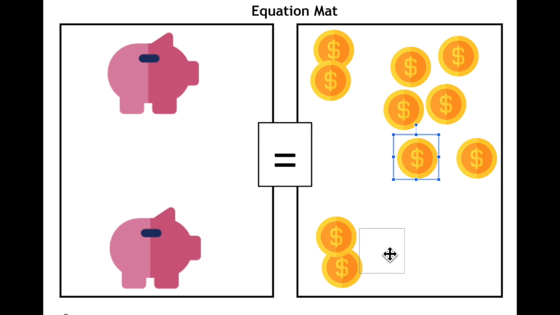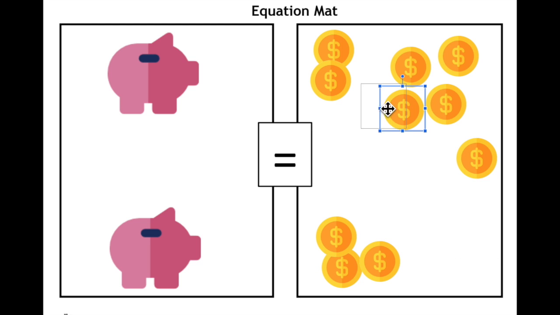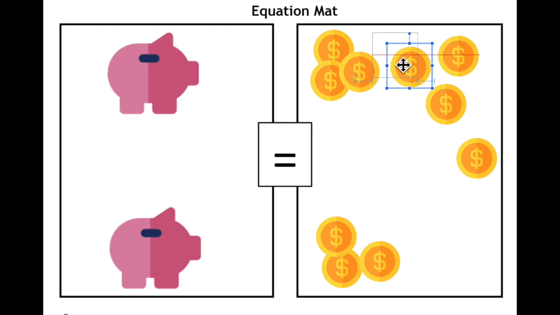If this piggy has 3, then this piggy has 3. And we can keep going like that. Have you figured out how many coins are in each piggy? If you have, put your answer in. If you're not quite sure, just wait till the end of the video and see how you feel about it.